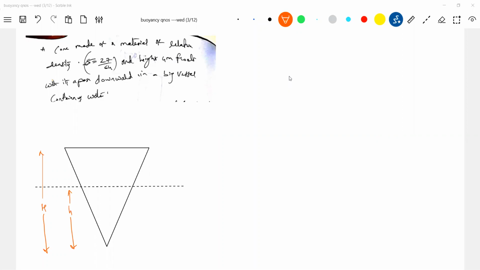Find the submerged height of the cone. Submerged height. Okay, get into the problem. Very simple, diagram-based.